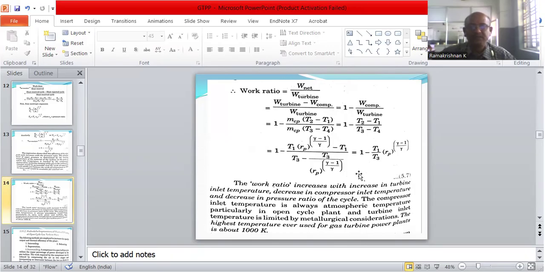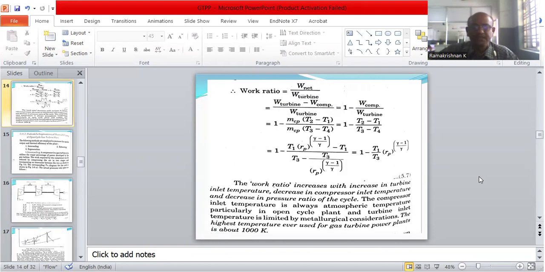By rearranging the formula, we get 1 minus (T1 by T3) into Rp power (gamma minus 1) divided by gamma. Here the work ratio increases with the turbine inlet temperature T3, and decreases with the compressor inlet temperature T1. Normally the compressor inlet is at atmospheric condition. The highest temperature practiced in gas turbine power plants is a maximum of 1000 Kelvin.